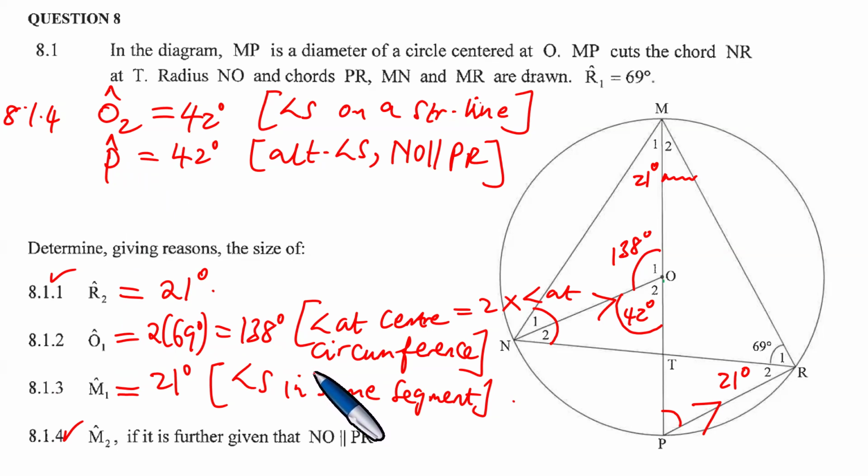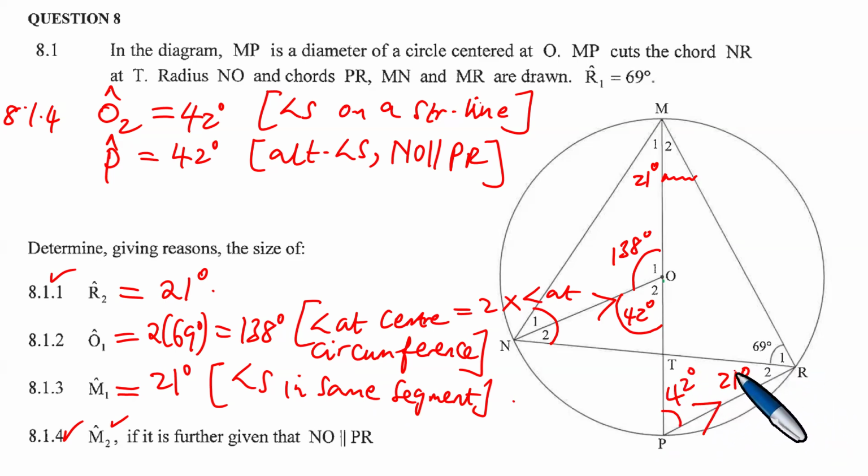Okay, then we have the angle M2. That is what we want. The angle M2, which is this one here. What is the angle M2? Now we have already got the angle P, which is 42 degrees.